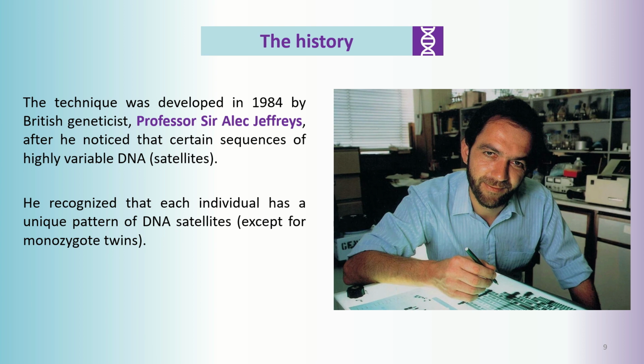DNA satellites consist of repeating DNA sequences, and he recognized that each individual has a unique pattern of DNA satellites, in which the number of repeats is highly variable among people, except for monozygotic twins.